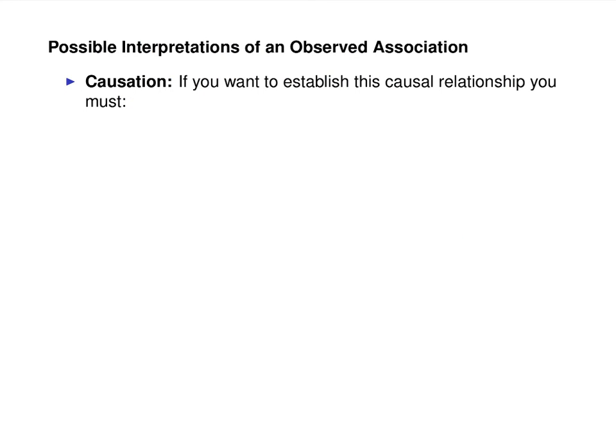So suppose you find an association, and what are the interpretations of its association that you could make? So if you want to establish causation and not just correlation, you have to do a randomized experiment. So you must collect data using what's called a randomized experiment.